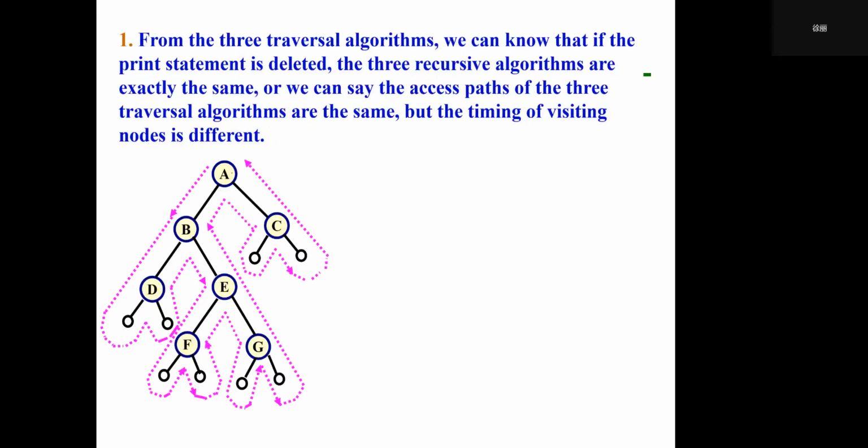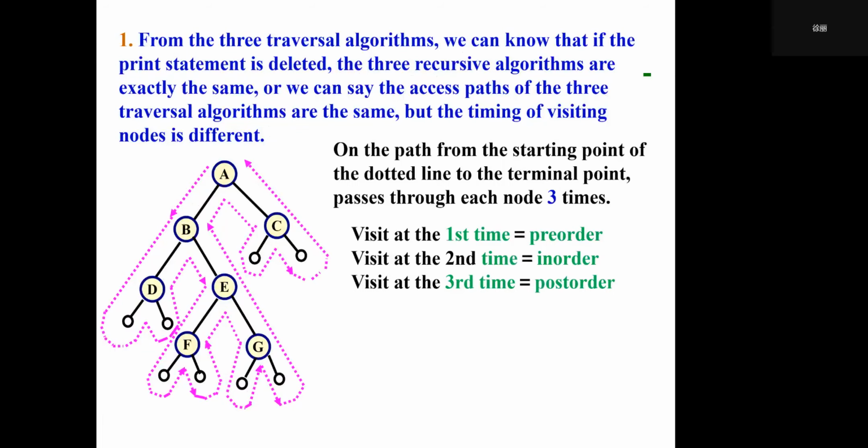We start from the root A, and if we traverse this binary tree in pre-order, the first time we meet A, we will visit it, right? And we will go left. We'll go left. And we will visit B, and go left, we'll visit D. And go left, it's null, so we'll go back. Go back, we will go to the right.